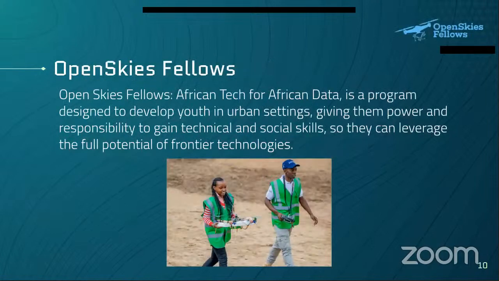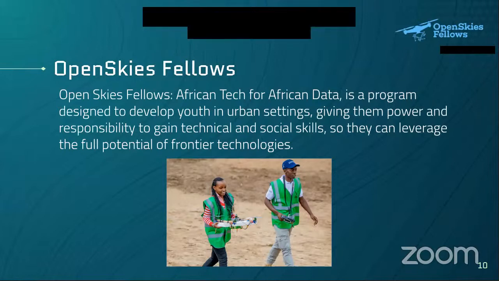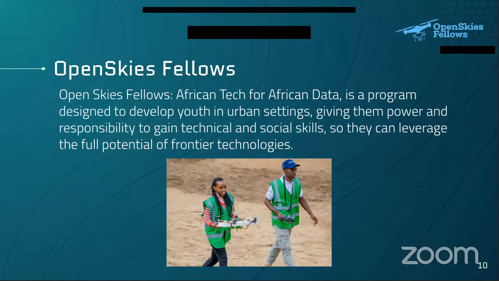Now, Open Map Development Tanzania, Humanitarian OpenStreetMap, and Uhuru Labs came up with a project known as the Open Skies Fellowship Program. This program is dedicated to youth from the age of 18 and above, and we emphasize women. This project is a program designed to develop youth in urban settings, to give them power and responsibility to gain technical and social skills.